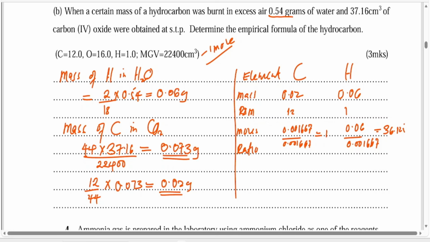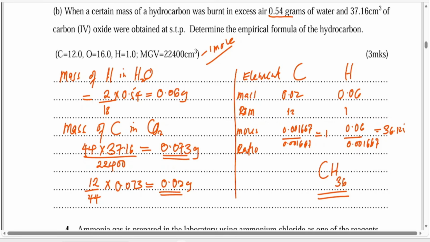That's the reason we are obtaining something that is irrelevant. It is not something that has ever been obtained whenever we try to calculate empirical formulas. So this question had a problem, because if I was to round off, then we could have obtained CH36 as the empirical formula, and this cannot happen.